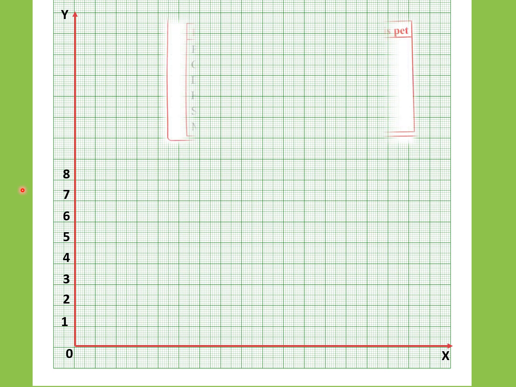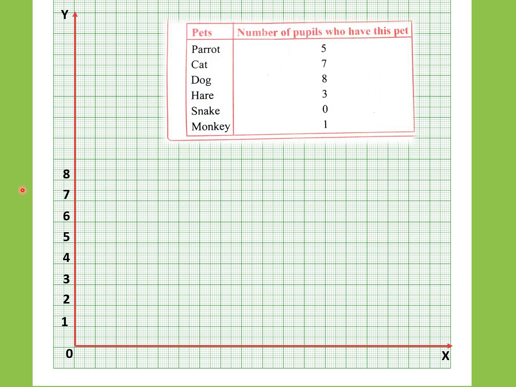Now let me show you the table. This is the question given. So first we have 5 parrots. So we'll draw a rectangle that will represent the number of parrots, and when we draw a rectangle it should be from 0 to 5.